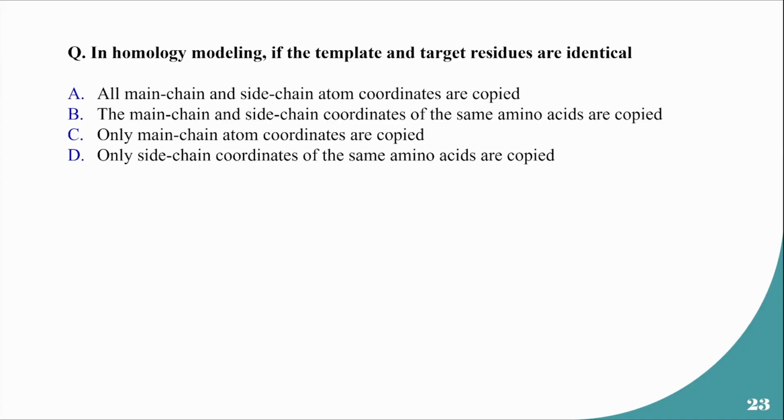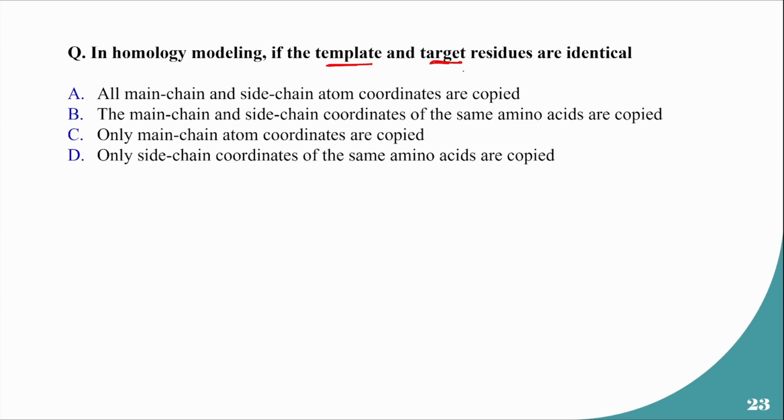Through the homology modeling process, for the backbone generation or the backbone structure calculation, of course, you need to copy the main chain, right? In this particular case, it is saying that the residues for which you are trying to predict, in the template and the target, the residues are identical.